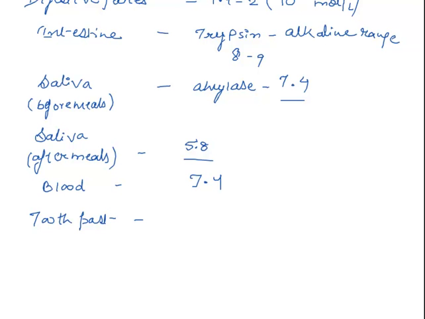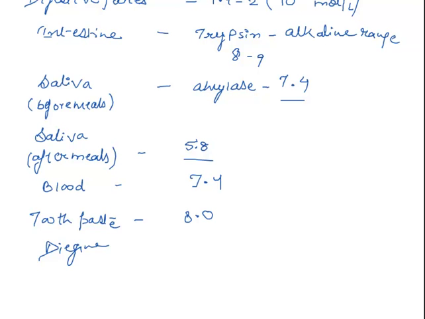As I told you, after eating, the pH of the mouth comes in acidic range. That acid destroys the dentine. So the toothpaste should be in the alkaline range. Right?